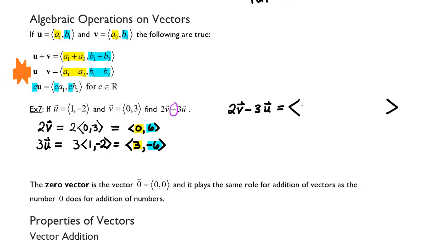That means I will have 0 minus 3, comma, 6 minus negative 6. And this will simplify further to negative 3, comma, 12.